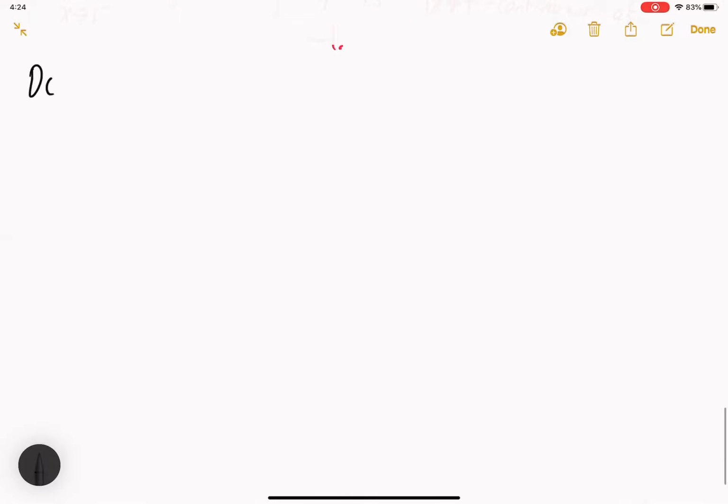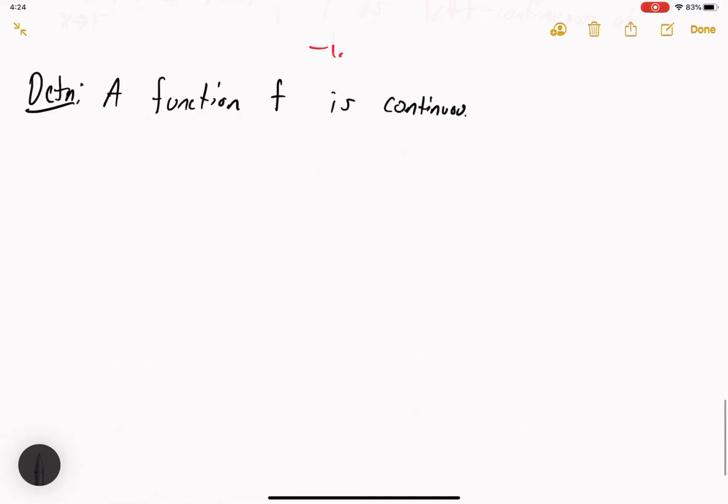So the definition is: a function f is continuous on an interval. Again, this is going to be in more than one spot.